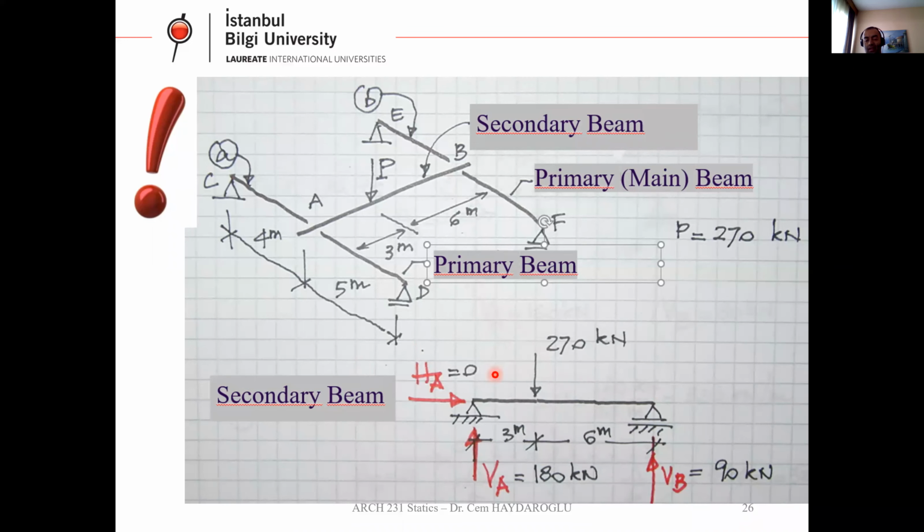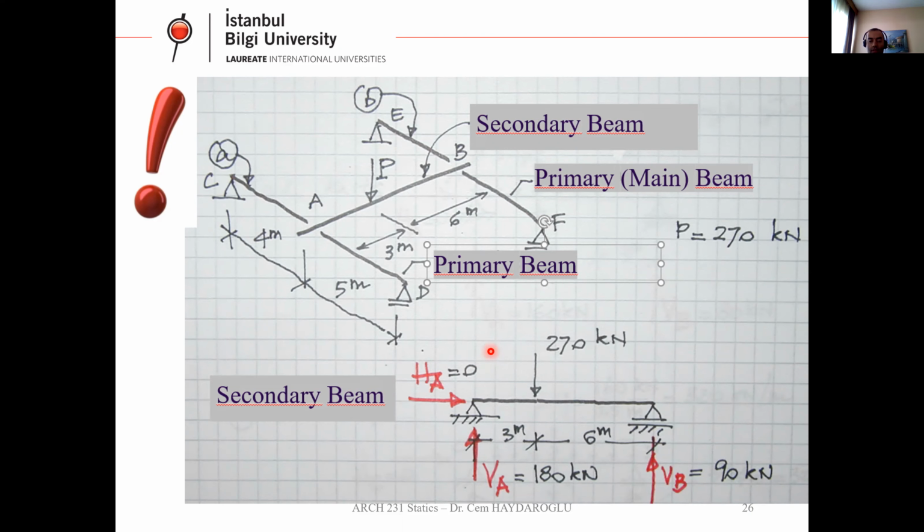Don't think about this HA too much. There's no lateral loading on the system, so HA equals 0. What do we have now? We have vertical A and vertical B.